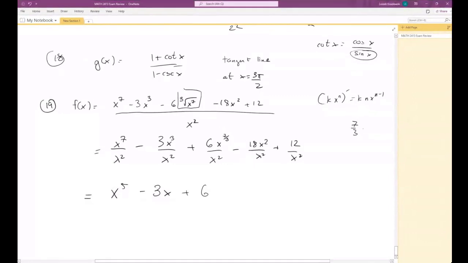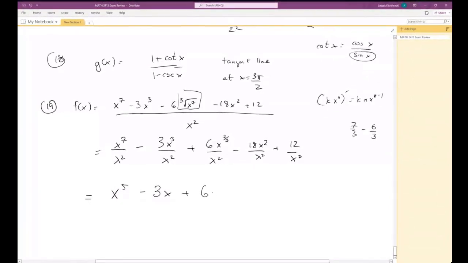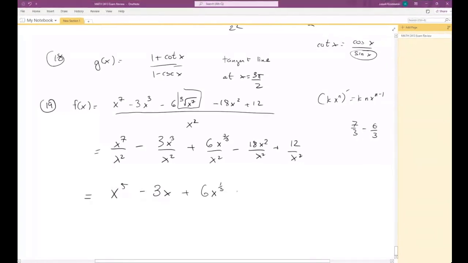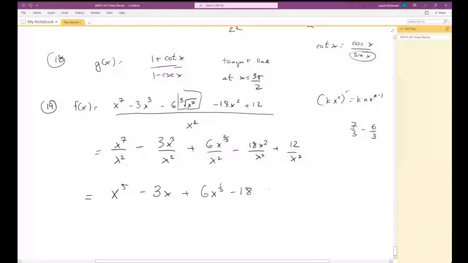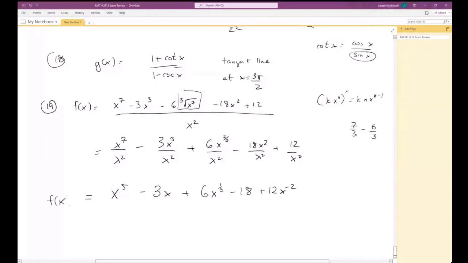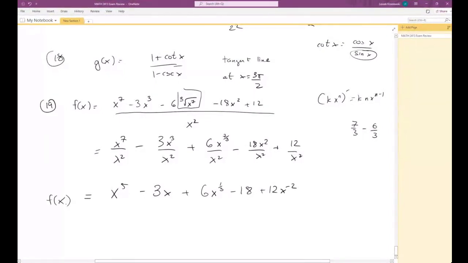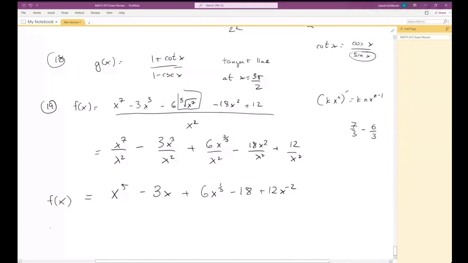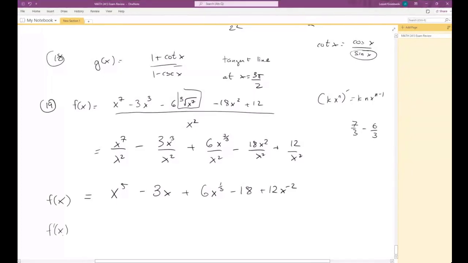What's 7/3 minus 2? It's 1/3. All right, so this is all pre-calculus, right? Just tidy it up before we serve it here.